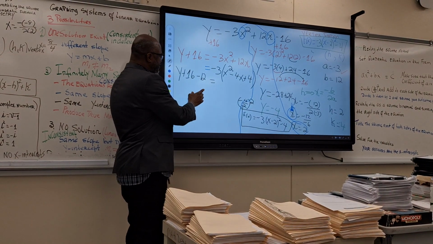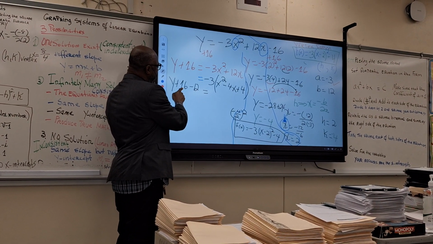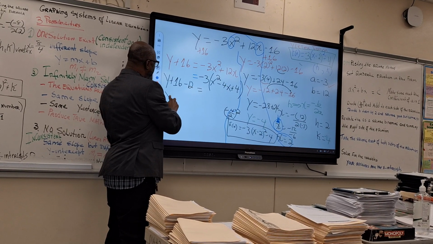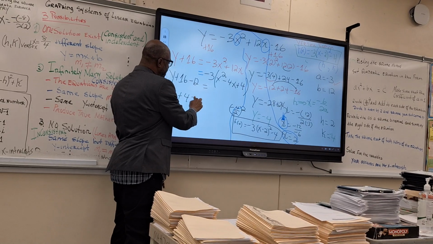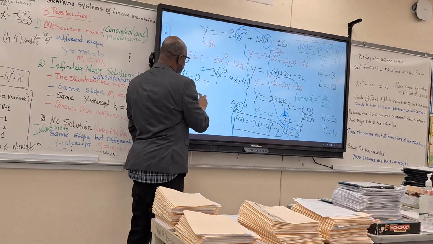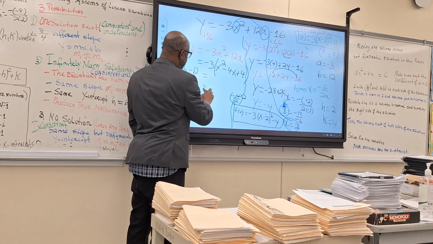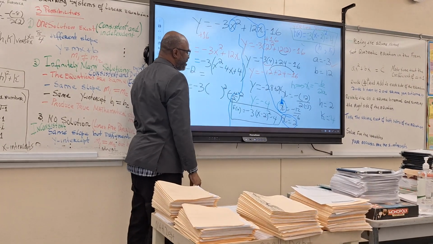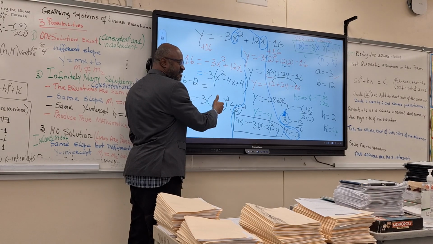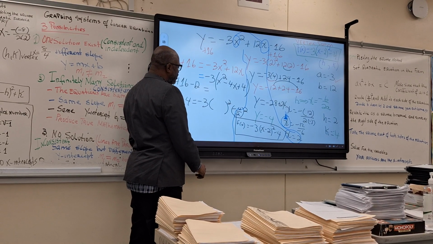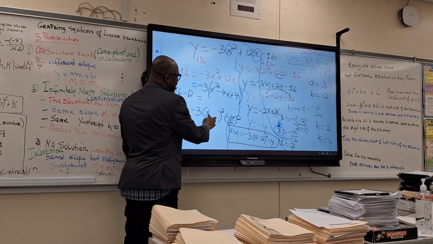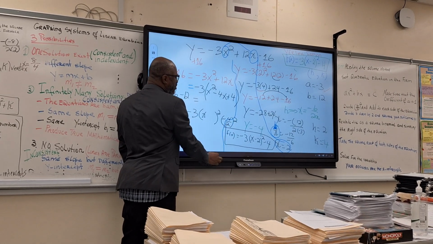Alright, now we simplify that side. What is 16 minus 12? That will be y plus 4 is equal to negative 3. Now we do the completing the square method. We're going to write it as a binomial square. What goes inside the parentheses? X, whatever b over 2 was.